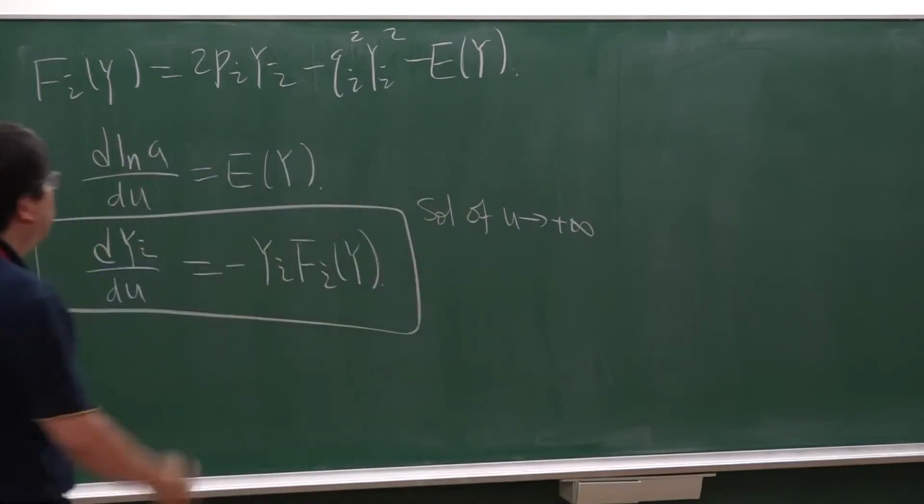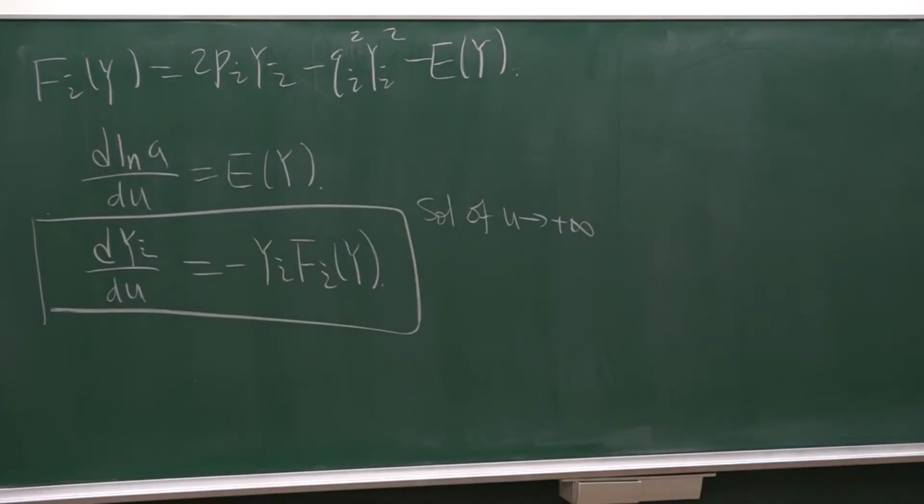The Asian solution becomes: you look at this equation and as u goes to infinity, you get a solution that exists all the way to u equals plus infinity. Then the first equation tells you how to recover the variables. So you go from the y u solution to y tau. From y tau solutions, you get back to ABI. Then you get the Asian solution.